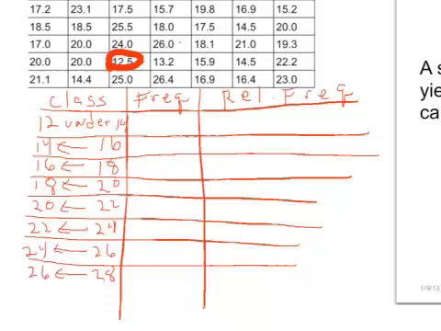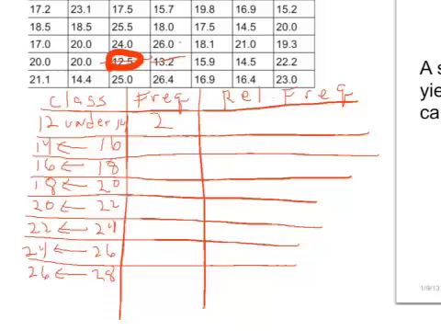Now all we do is scan through our data. 12 to 14, so there's 1, 2.